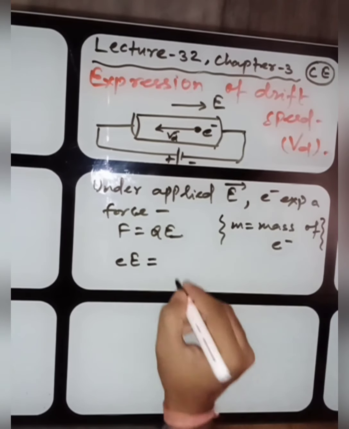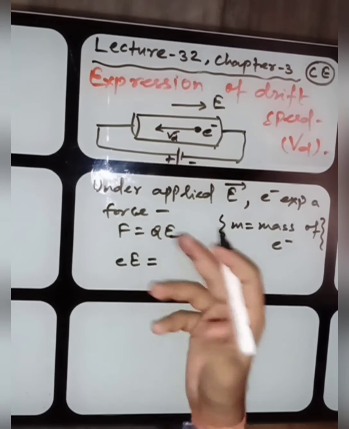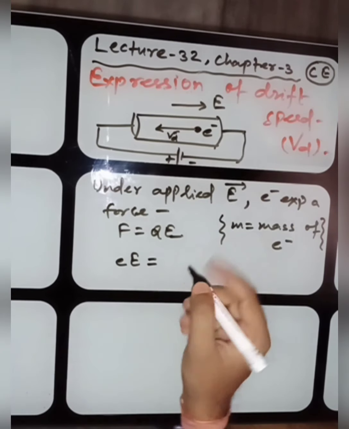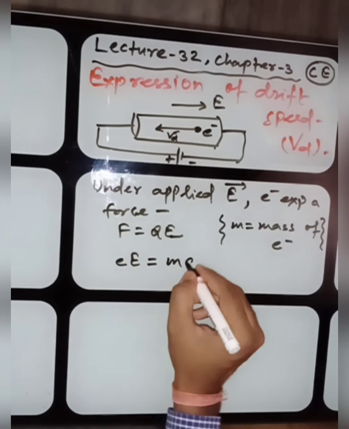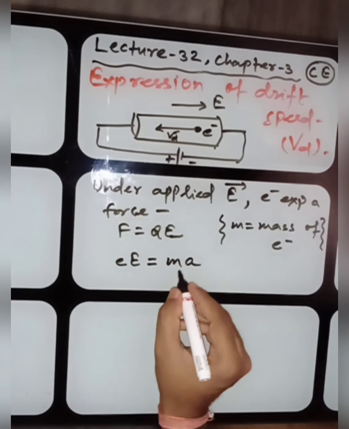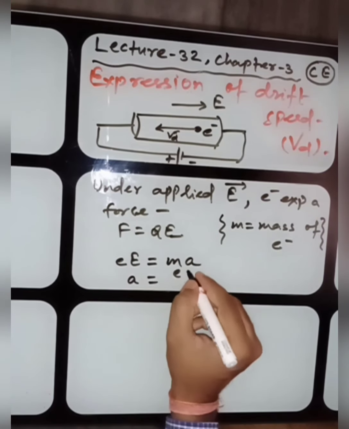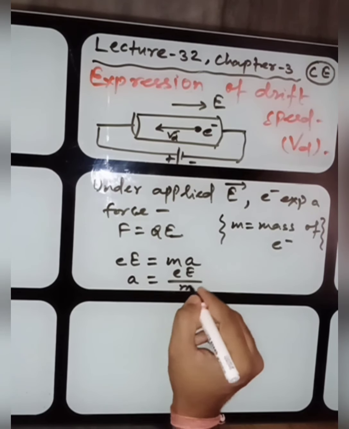Then what will be the force experienced by that electron? Due to this force, it will be equivalent to mass times acceleration. In classical mechanics, we have studied F equals ma. Now a can be written as QE divided by m.